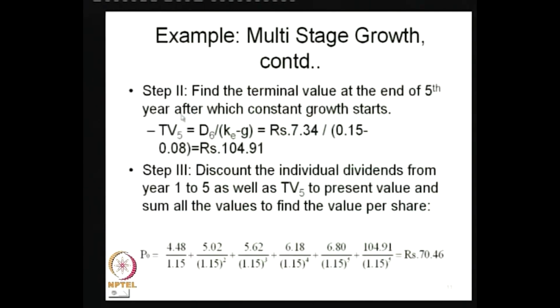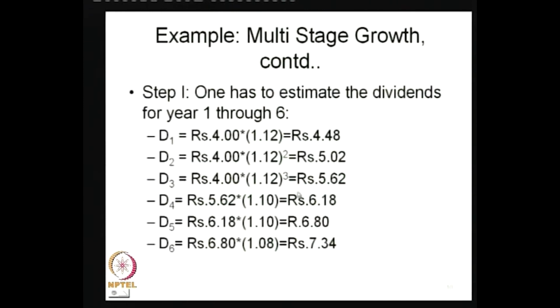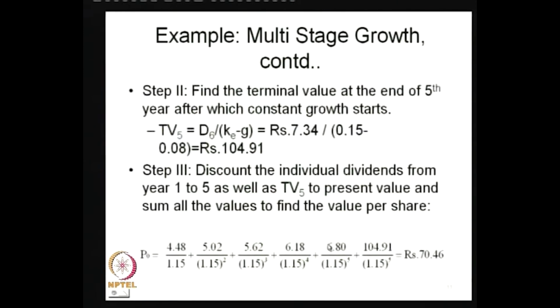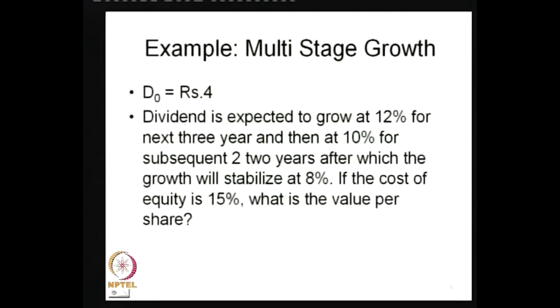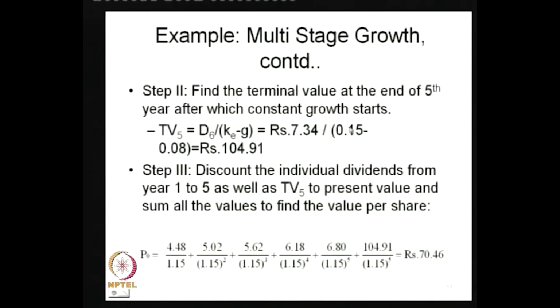Then we can apply the model and find out. So, the terminal value at 5 is nothing but D6 divided by K minus G, that is 7.34, our D6, divided by the cost of equity which was given as 15% and the growth given at 8%. So, 0.15 minus 0.08 gives us 104.91 as the terminal value.